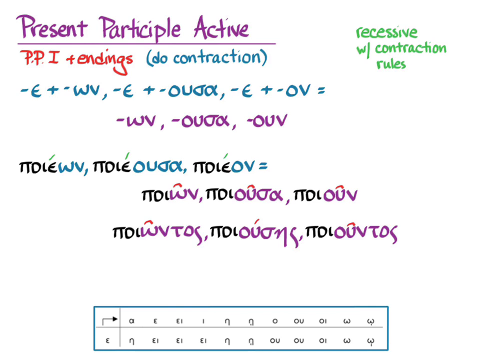And you can see that the accent is trying to stay persistently a circumflex on the omega, or a circumflex on the ou of the feminine, or a circumflex on the ou of the neuter, and it will only change to an acute if the last syllable is long in all of the forms.